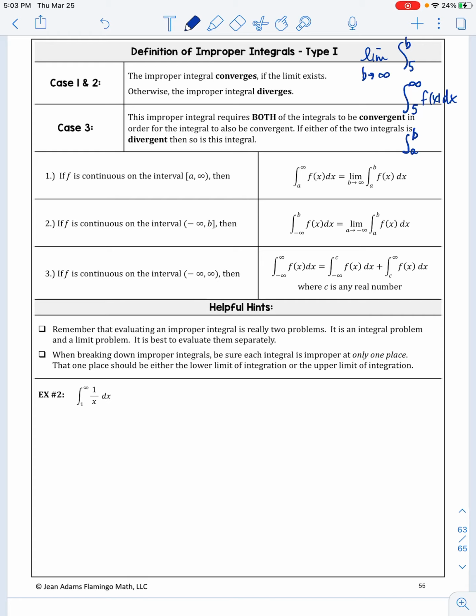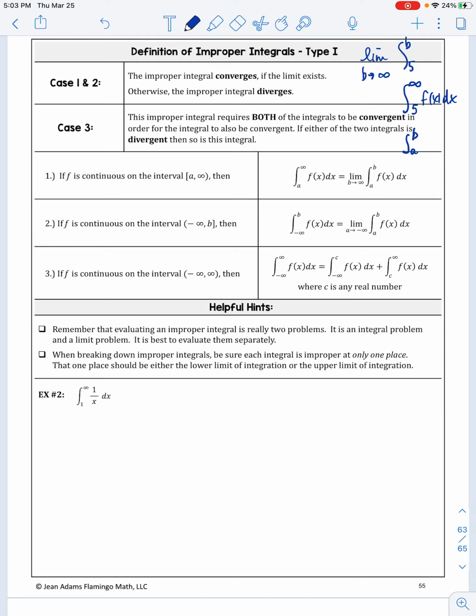The reason we say b is because we're thinking of the integral from a to b, okay? But that is what you're going to do on these improper integrals. You cannot put infinity in. You have to change it to a limit. So that's the crux of this whole thing.